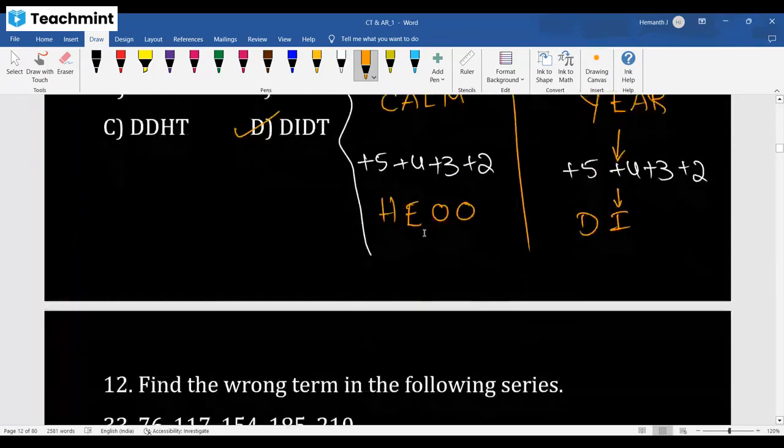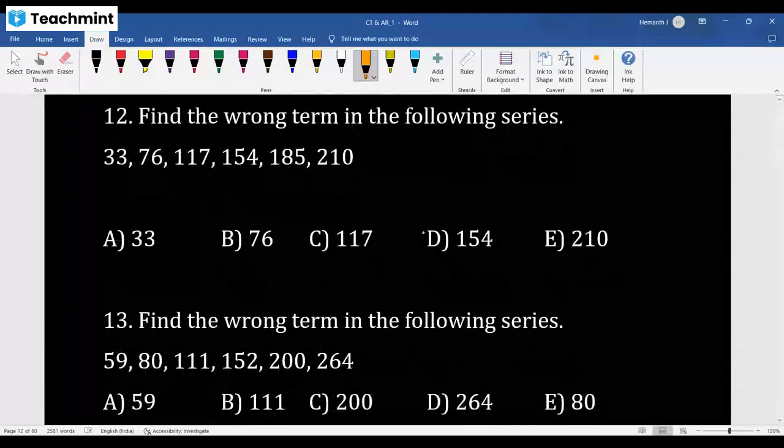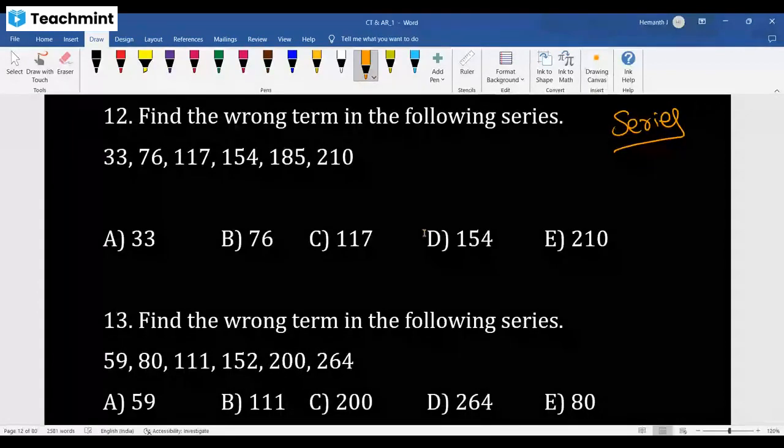Right. So let's see about this 12th and 13th related to series. Question related to series. What is your answer here?